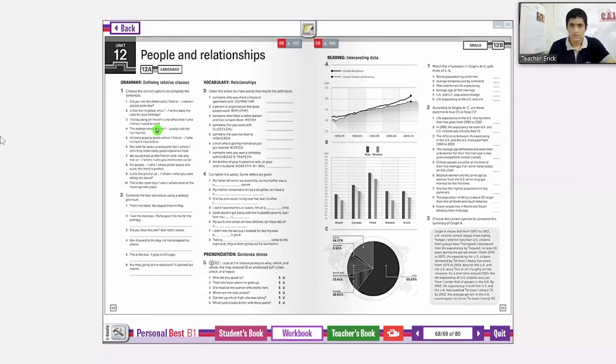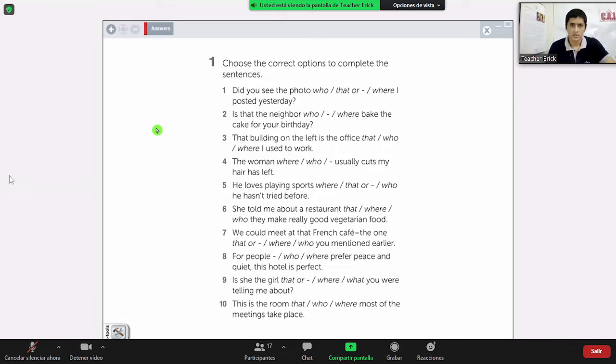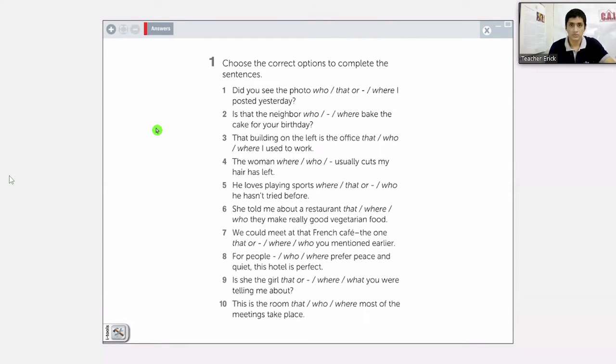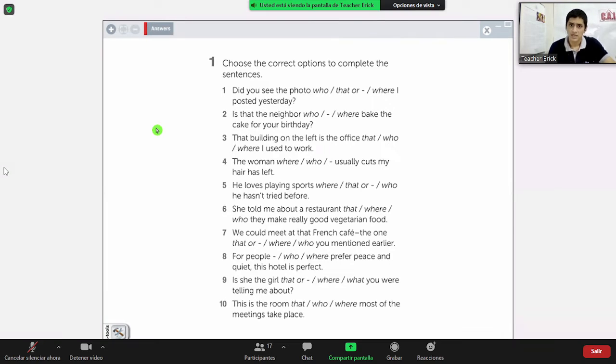In number 1, on page 68, what we have to do is choose between who, that, or where. Number 1 says, did you see the photo who, that, or where I posted yesterday?